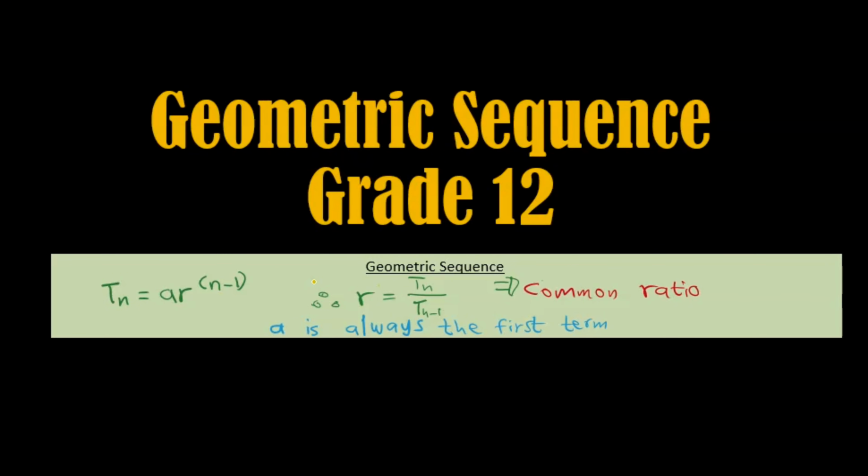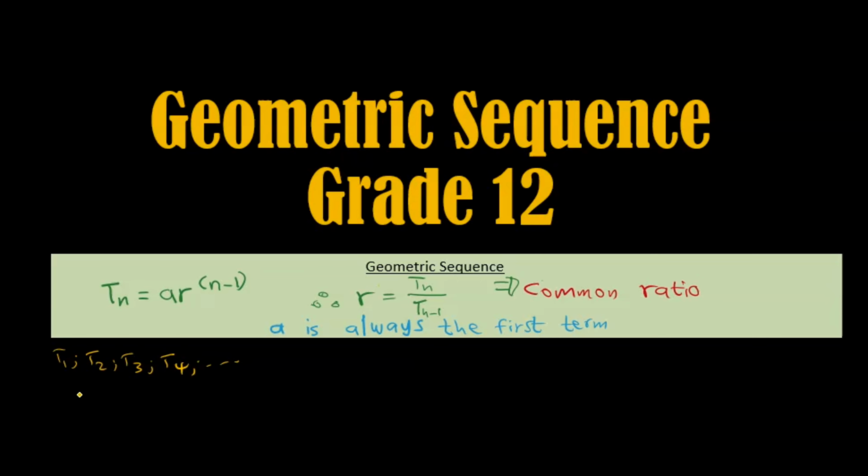In simple terms, what is a geometric sequence? A geometric sequence is a sequence in which r, meaning the ratio, is common throughout. Let's use an example. Say you have T1, T2, T3, T4. This is your sequence. It's a geometric sequence.